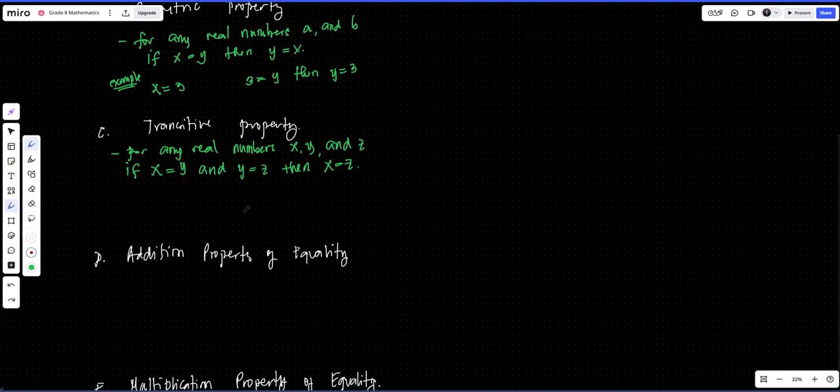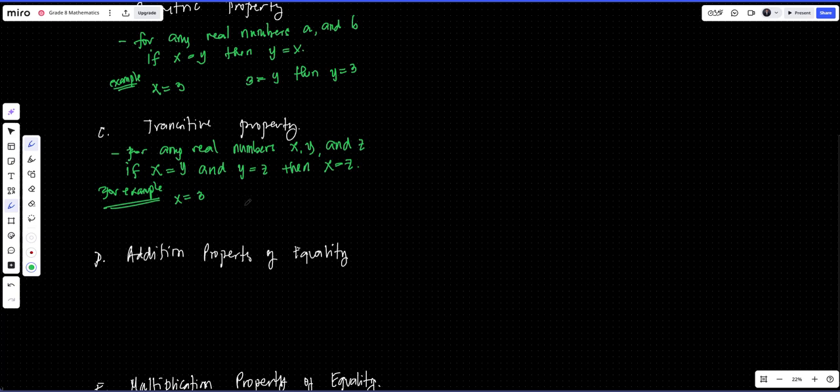For example, we have if x is equal to, for example, yung value ni x natin dito is equal to 3. Ganon.